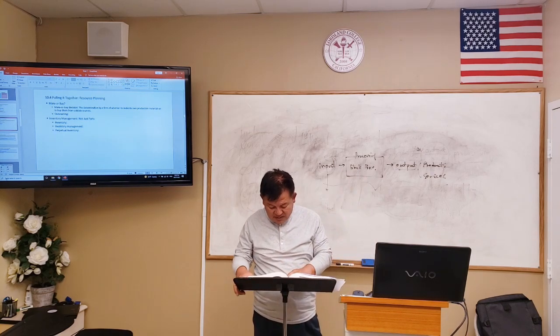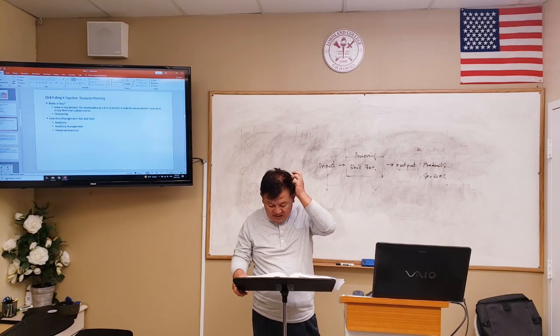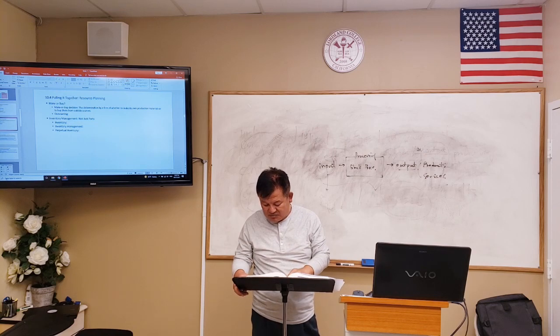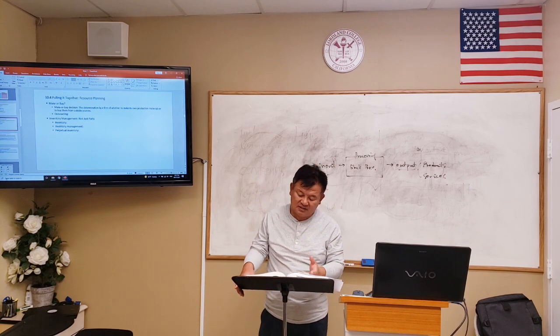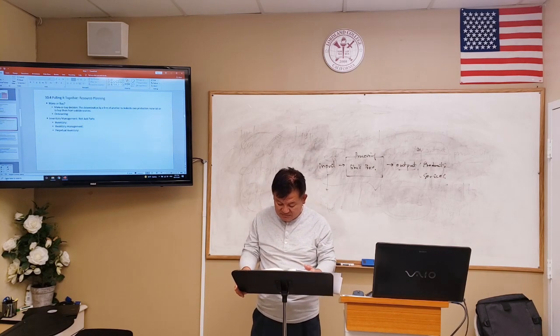Inventory management involves deciding how much of each type of inventory to keep on hand, and ordering, receiving, storing, and tracking it. I say again: keeping on hand in the factory, and ordering, receiving, storing, and tracking. These are the factors related to inventory management.